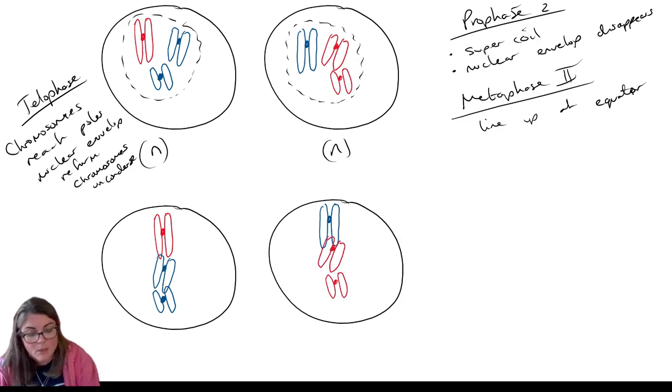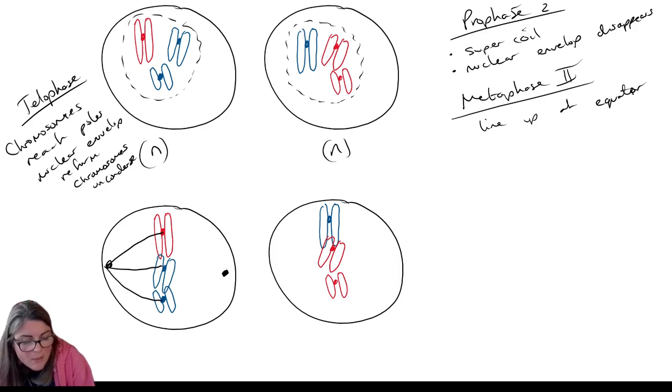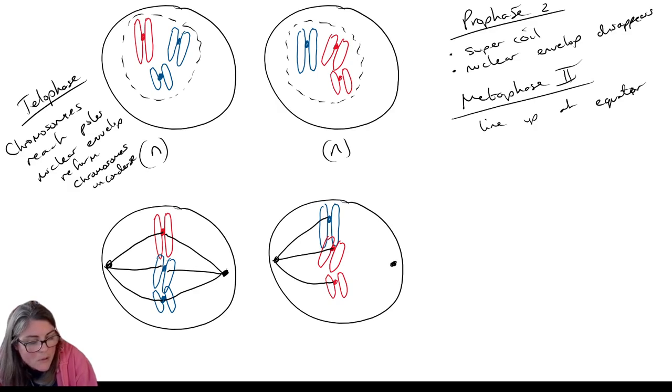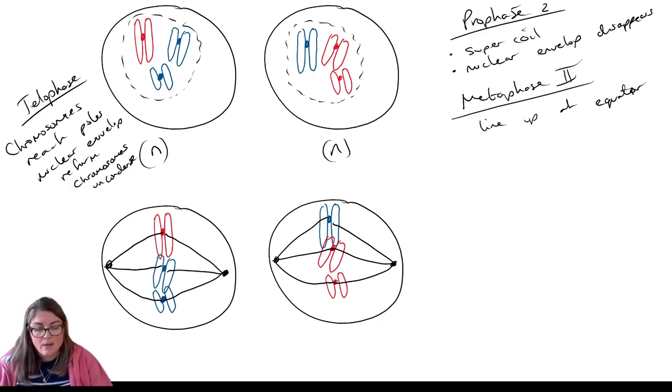How did they line up at the equator? Well, this is where you've got your centrioles with your spindle fibers attached to the centromeres, pushing and pulling them to that center, to the equator. Then we're going to end up with anaphase 2 happening.